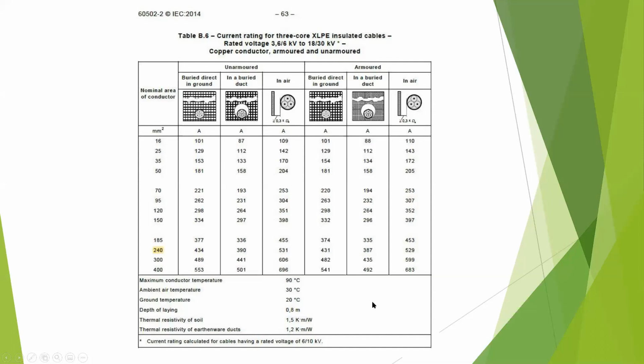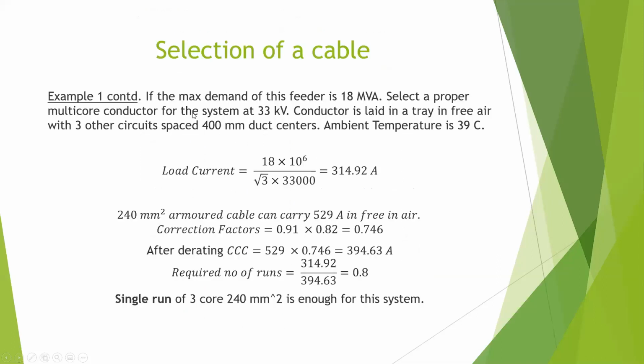You can only use these buried direct in ground and buried duct data if everything matches. If something is a mismatch, you have to take the in air value, find out derating factors, and multiply by them to get the proper correction factors and the proper current carrying capacity of the conductor.